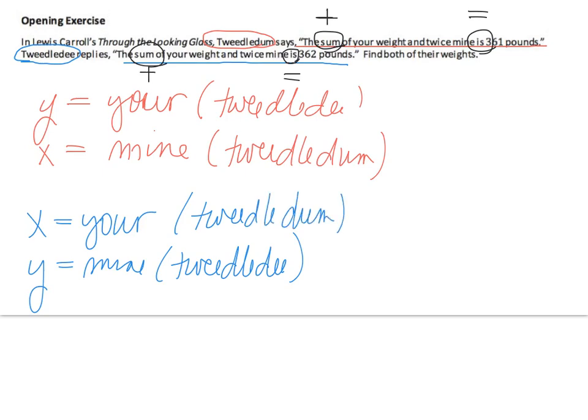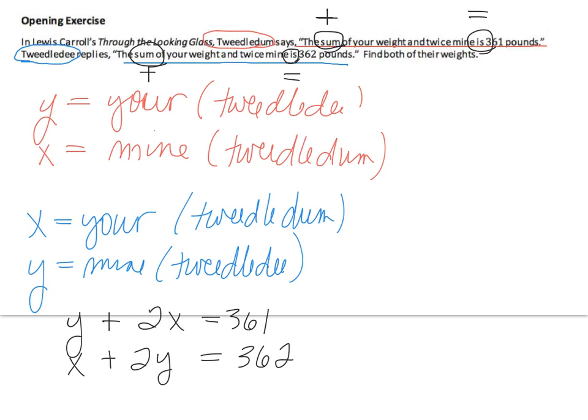So let's write some equations. When Tweedledum is talking, he says the sum of your weight and twice mine is 361 pounds. And then Tweedledee talks and he says the sum of your weight plus twice mine is 362 pounds.